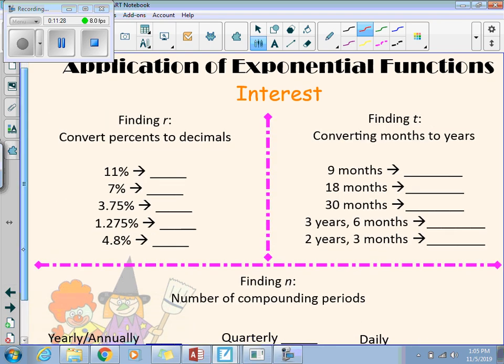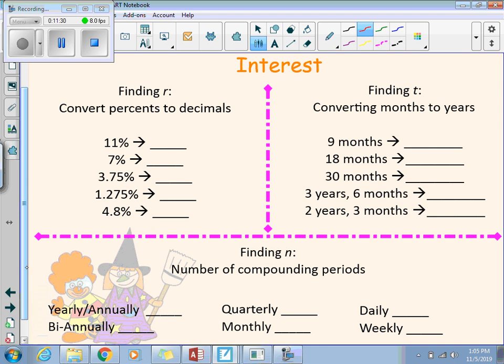Now the key for these is you have to be able to convert some things, right? So if we're talking percentages, we got to convert to decimals. Remember decimals, we just move the decimal over 2 places.